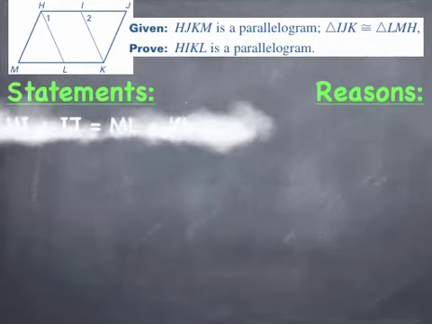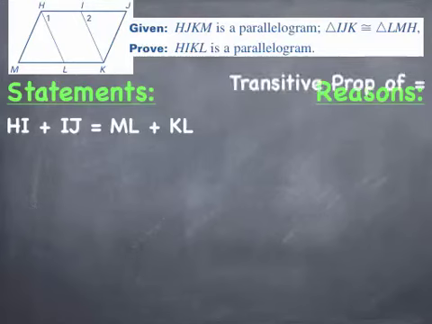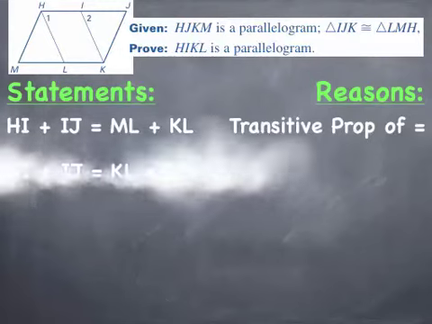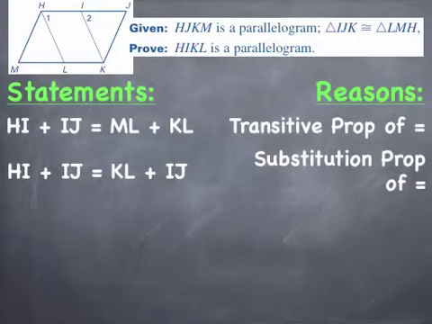My next statement can be that HI plus IJ equals ML plus KL because of the transitive property of equality. I can also substitute in, I could say HI plus IJ is equal to KL plus IJ, because I substituted in IJ for ML, because earlier in our proof we had said that ML is equal to IJ.